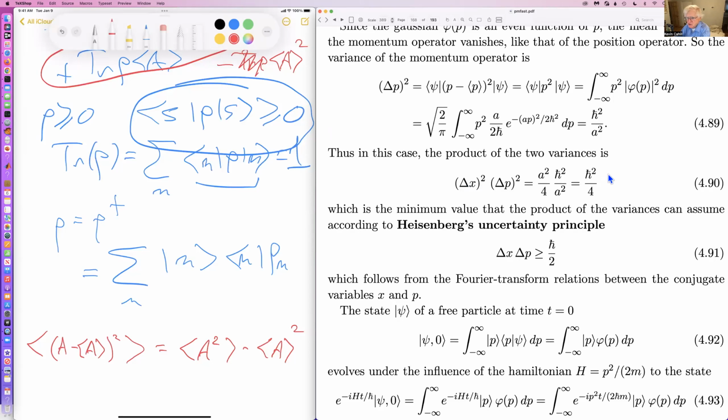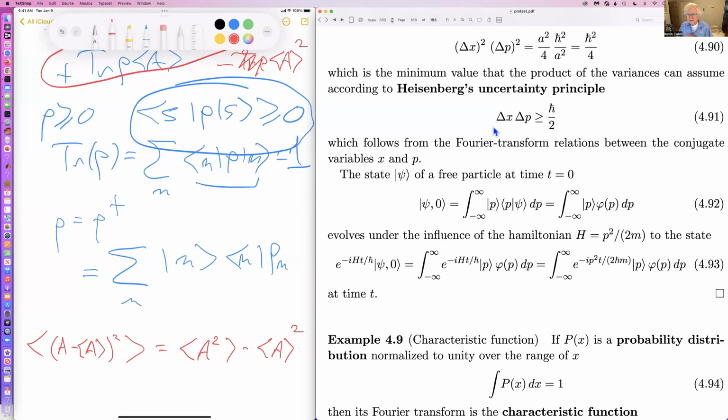Delta x squared, delta p squared is h bar squared over 4, or delta x, delta p is h bar over 2. So this is the Heisenberg uncertainty principle, and it's much more general than that. If the commutator of two operators is greater than or equal to h bar, then the product of their variances is greater than or equal to h bar over 2.